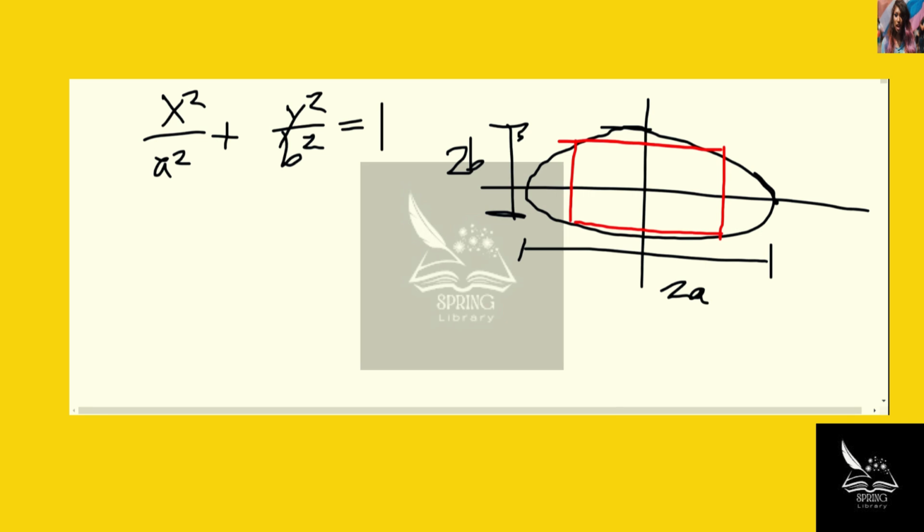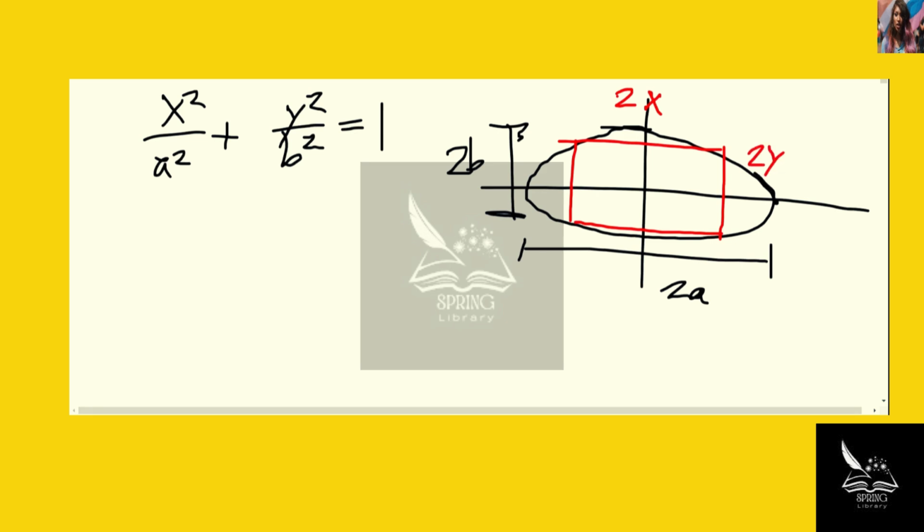So now the width of this will be 2 times x, and the height is 2 times y by symmetry.